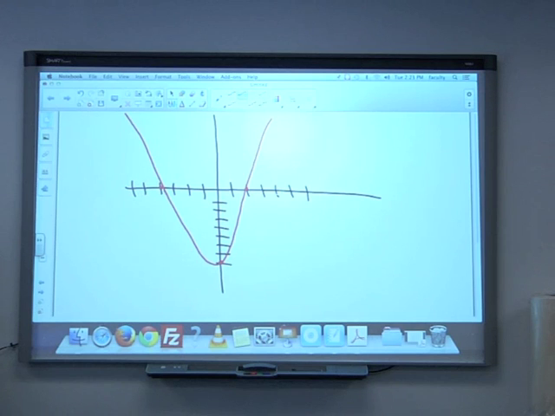Okay. Well, we can actually find out a bit more about this than this rough approximation. We can fine-tune it. Right? So we can fine-tune our graph.